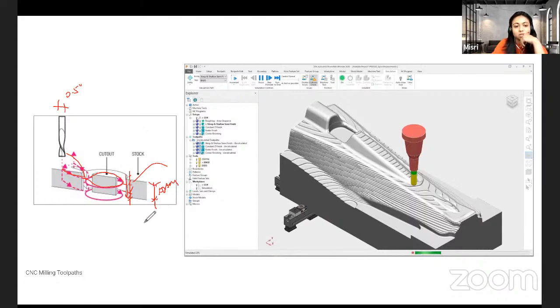Versus if this was something like MDF wood, you would have to break it down into a number of steps, because you have to be cautious of how much heat is being generated. And at the end of the day, it's a metal piece. It is stronger than a lot of other materials, but it also has its own limitations in terms of how much force it can take. So in a lot of ways, it depends on the material.